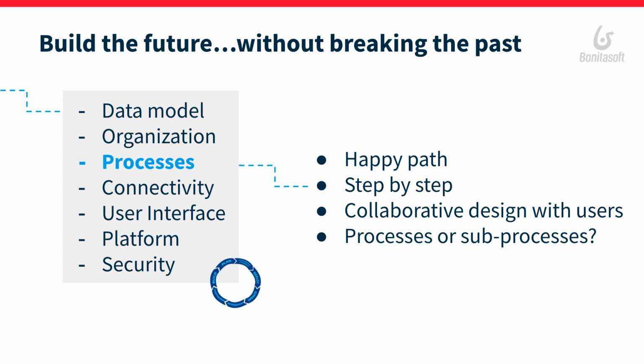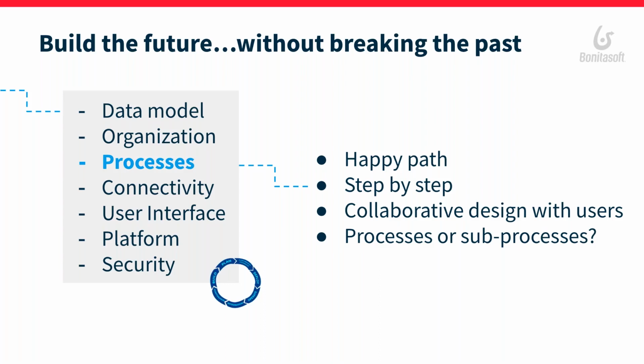You can have different actors, 2, 3, 4 types of actors. You have gateways with different paths, escalations, exceptions, and so on. What we recommend is that you start with the happy path, which is the simplest process with no exceptions.